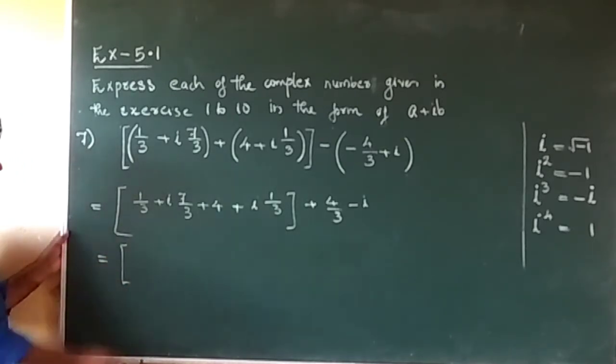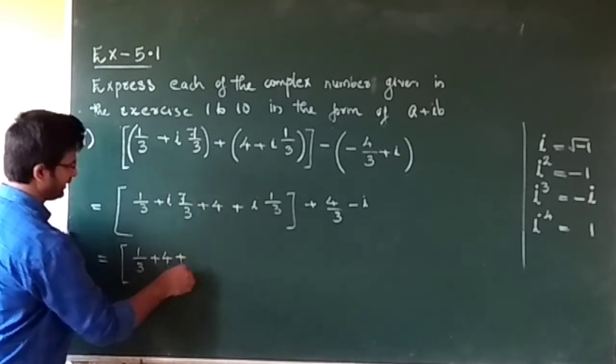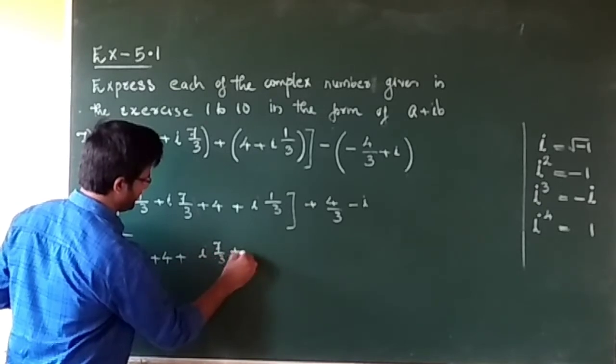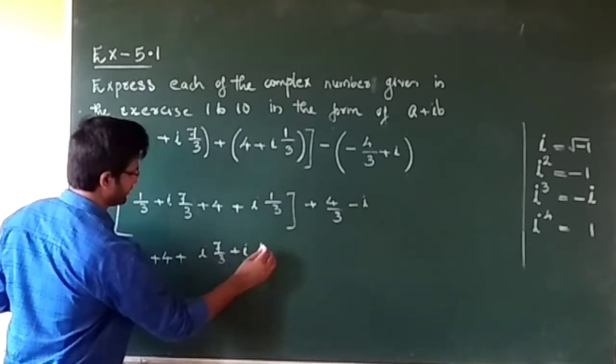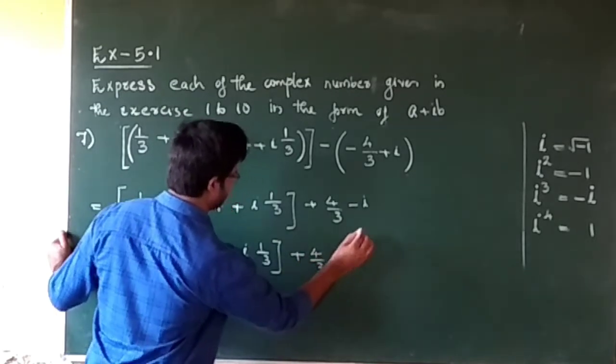Write the real part together, that is 1 by 3 and 4, 1 by 3 plus 4. Then the imaginary part, i 7 by 3 plus i 1 by 3. 4 by 3 minus i.